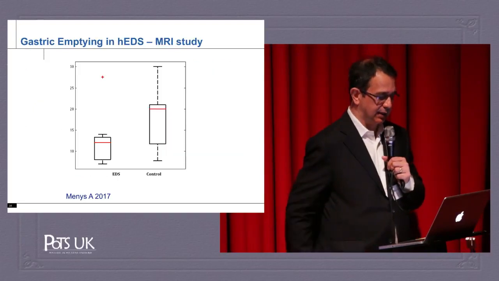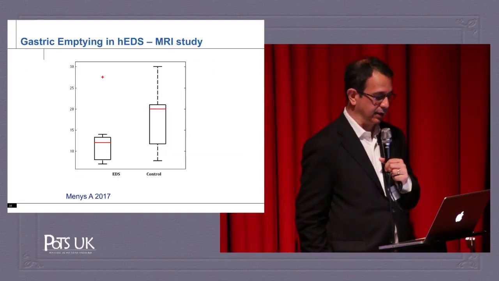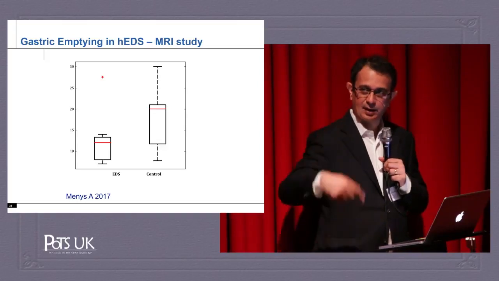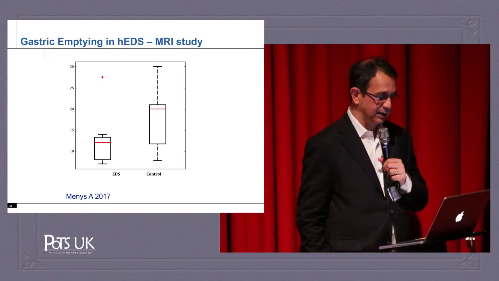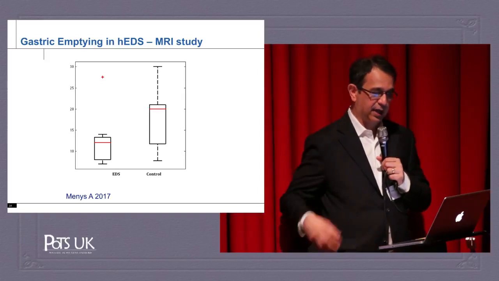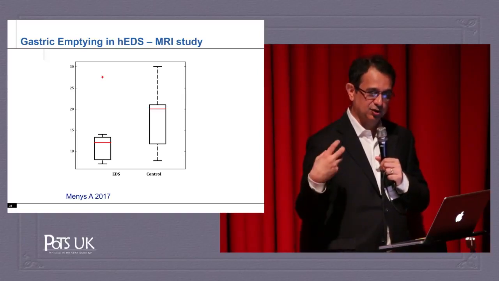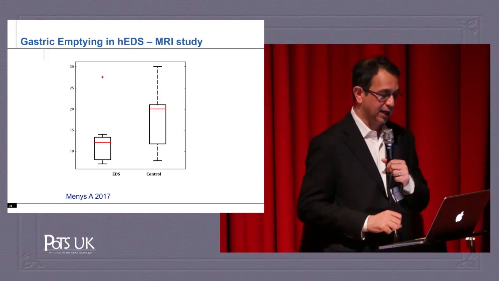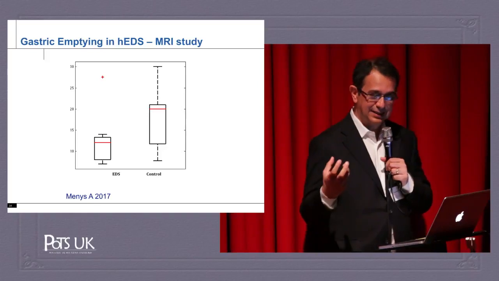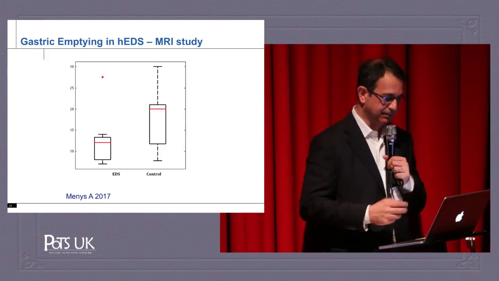We did a study using MRI. Heather Fitzke, one of my PhD students sitting in the audience, and Alex Menes did the study at University College Hospital, using a water challenge, with no other nutrient, to look at gastric emptying in healthy controls versus EDS patients who had dyspepsia.